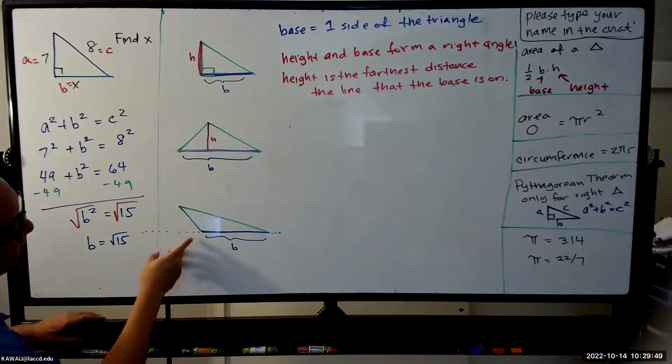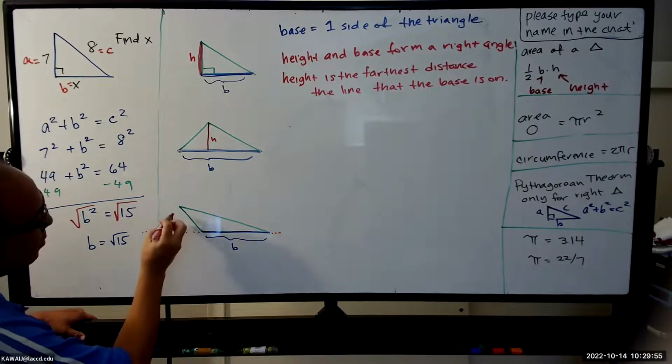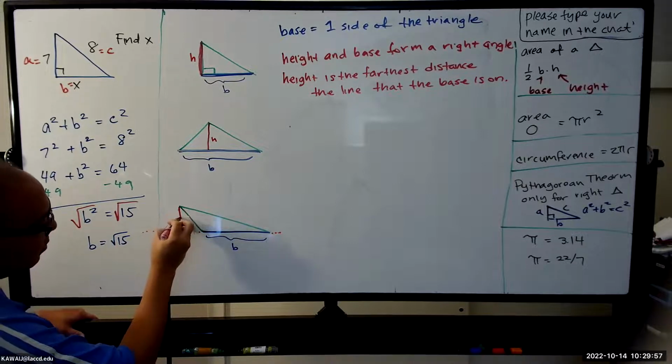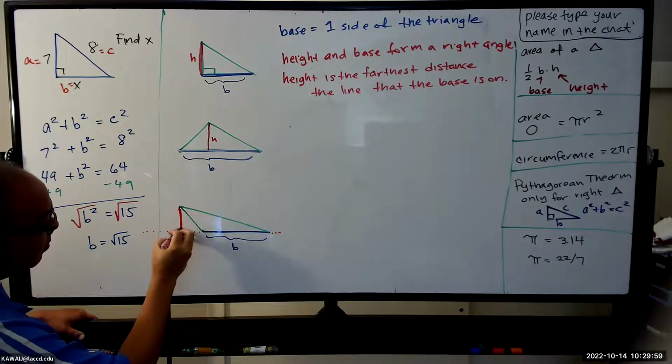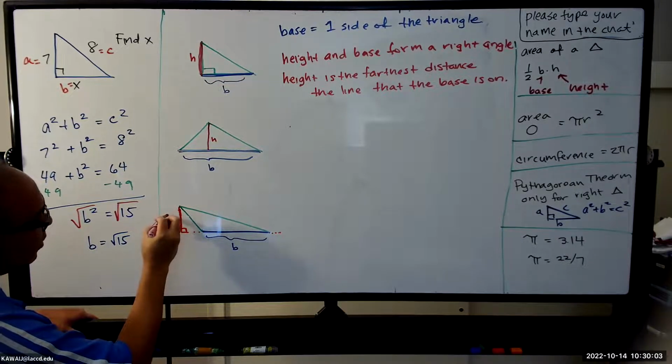What is the point furthest away from this line that creates a right angle? And that would be over here. So this distance here would be my height.